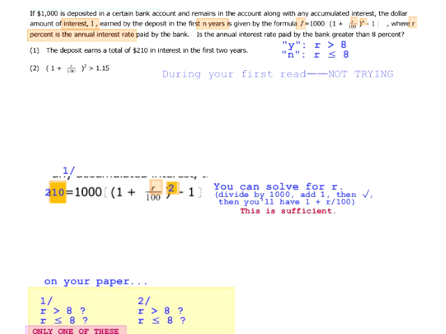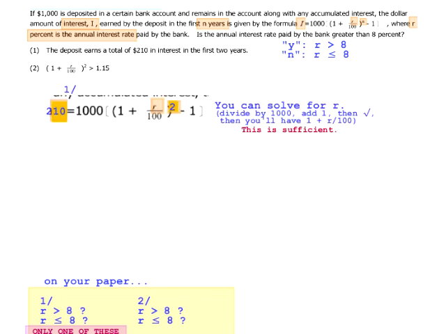Let's say that you really are sort of hell-bent on trying to solve this for R. Then you probably could. How would you have to do that, though? What's the first step of solving this? You're going to have to square root this.